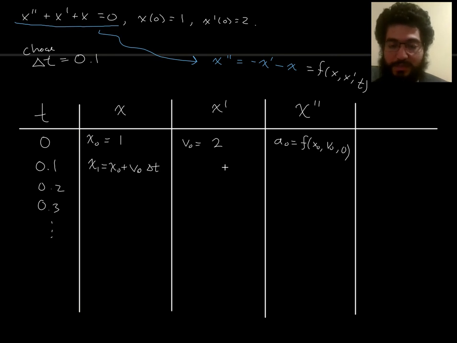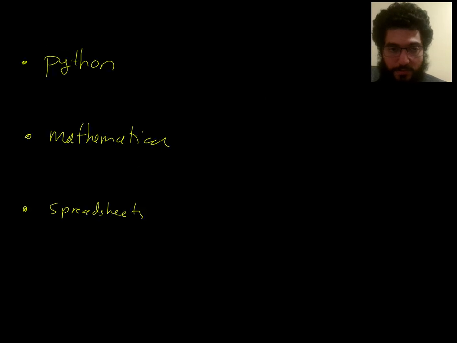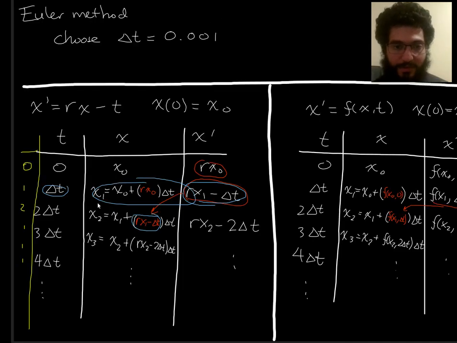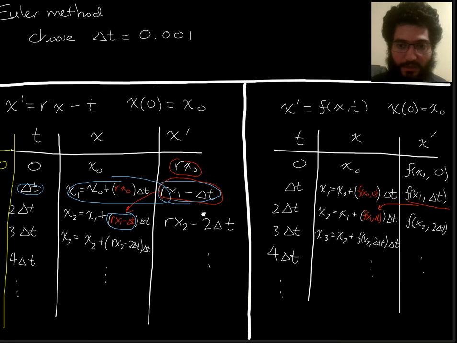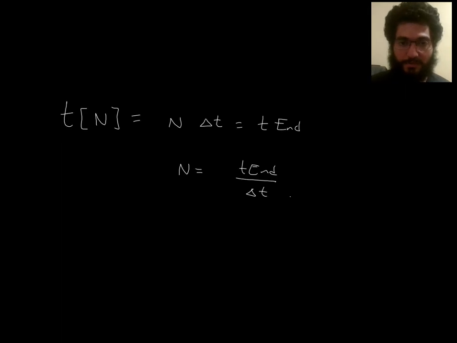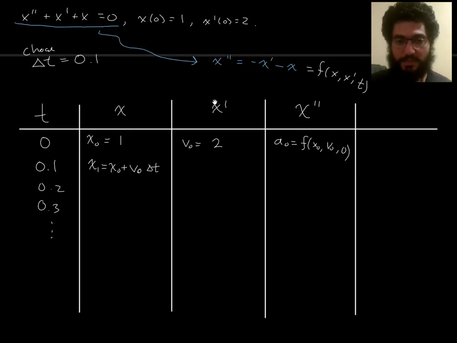Now here, instead of like before, in order to figure out what goes here, we had to use the differential equation. Now, no. Since x prime is changing according to x prime prime, I can apply another kind of Euler step idea. The same way I get x1 from v naught, I can get v1 from a naught.